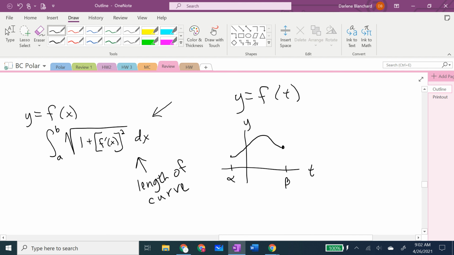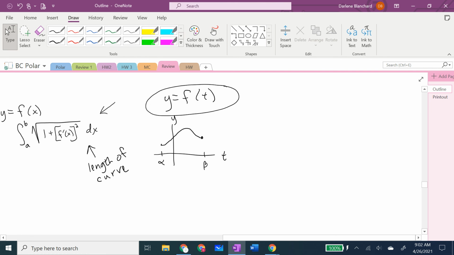But if you are finding speed when you are dealing with one-dimensional motion, where time is your input and you just have some output single number position, in that case your speed is the absolute value of your velocity function, which would be the derivative.